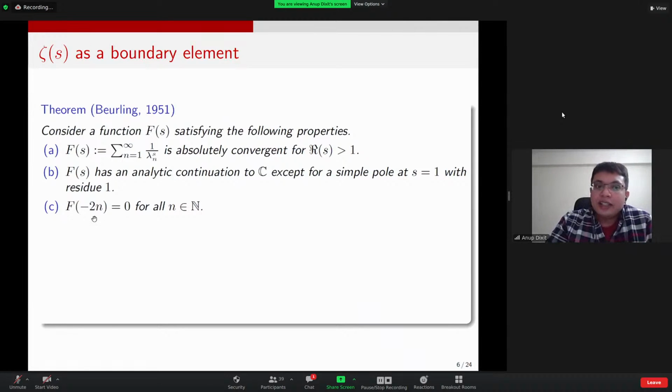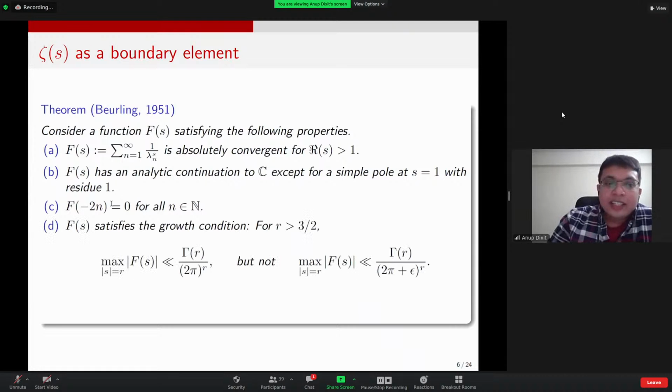Now these are anyway zeros for the zeta function, and these are called the trivial zeros, which arise from the poles of the gamma function itself. So let's put in this condition as well for f. And additionally, let's say f satisfies this growth condition. Now this growth condition basically tells us that for r greater than 3/2, if I look at the circle of radius r, then |f(s)| is less than some Gamma(r) divided by (2 pi) to the r.